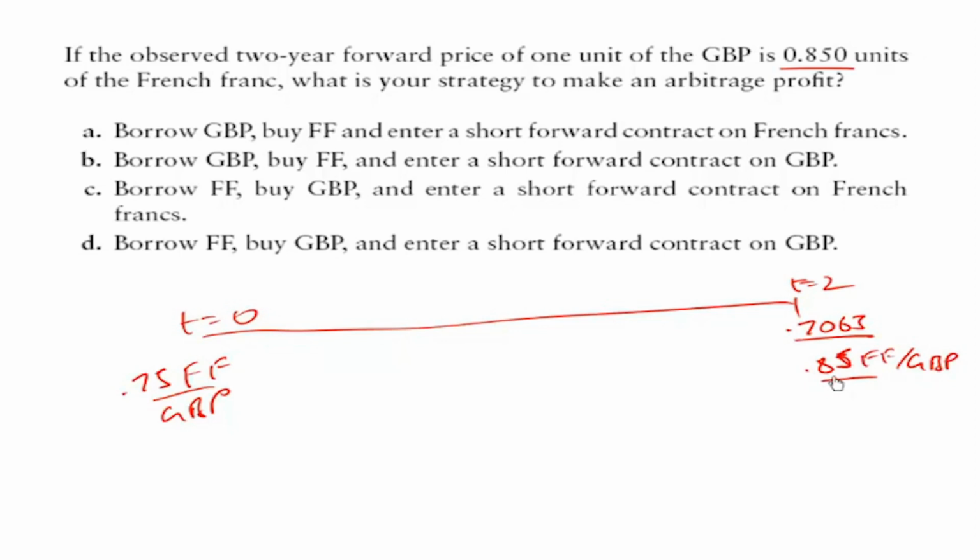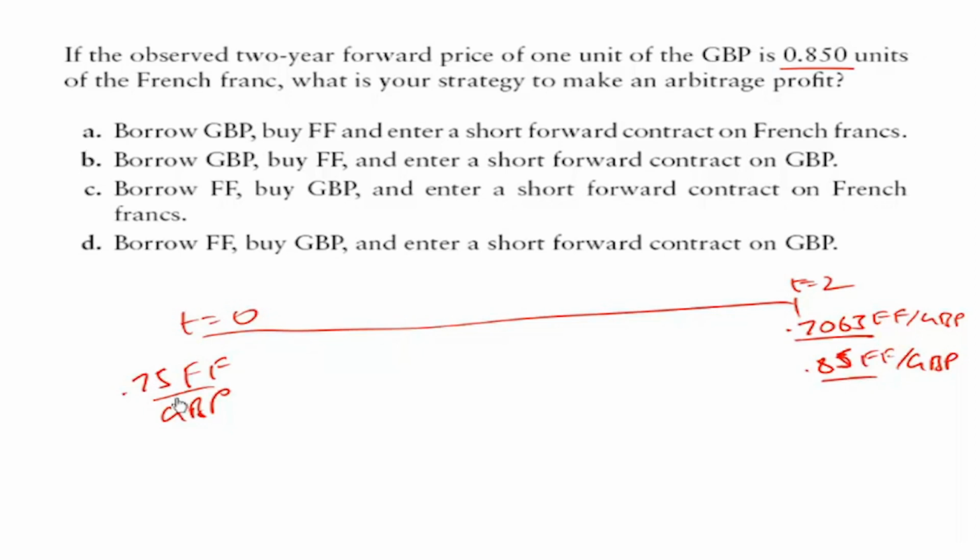So in this case, what we can identify is that in the forward, the GBP is costing 0.85 when it should actually cost 0.7063 based on the current information. So either this spot price of GBP is undervalued. That is, this shouldn't be 0.75, it should be 0.8 or 0.9, because then this 0.85 is justified.